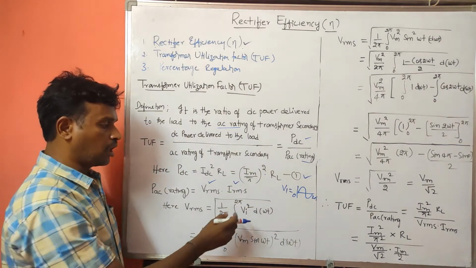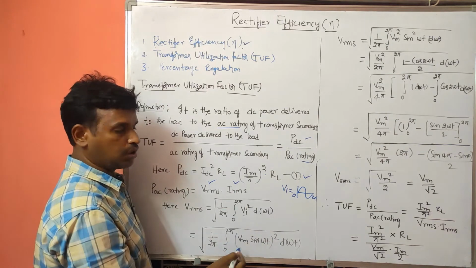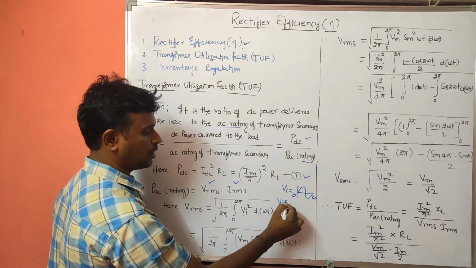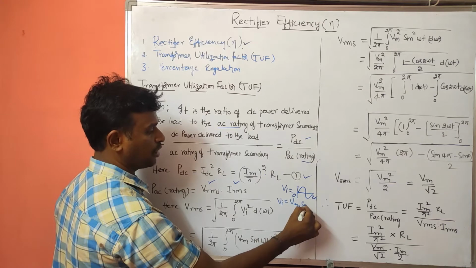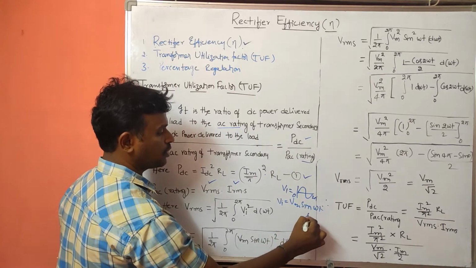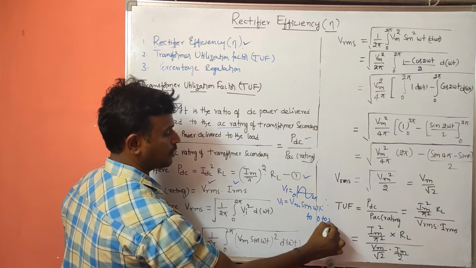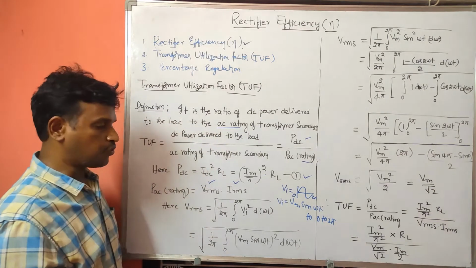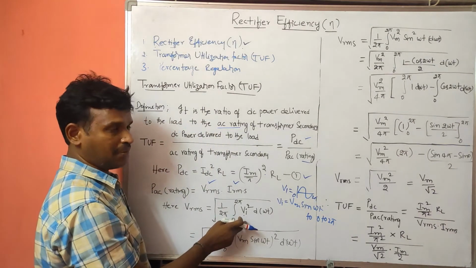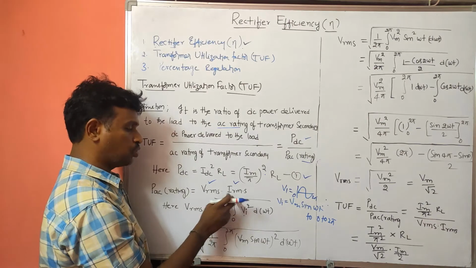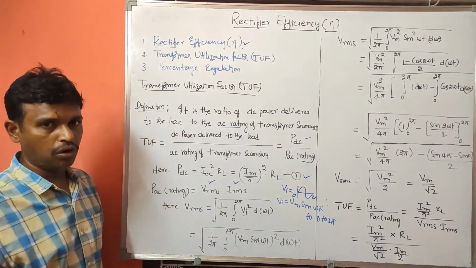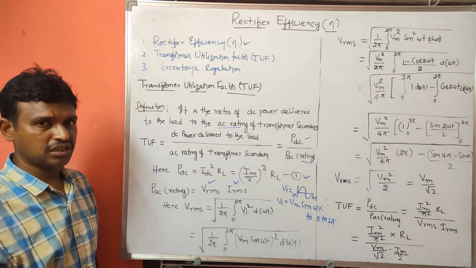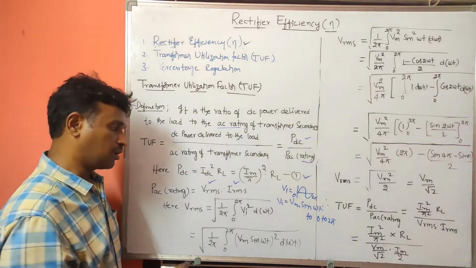Now I will substitute Vi equal to Vm sin omega t, the input voltage for 0 to 2 pi. So this is the root mean square value of the voltage at the transformer secondary winding, the input voltage.